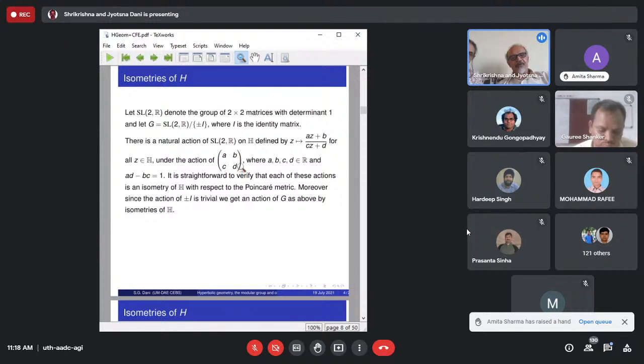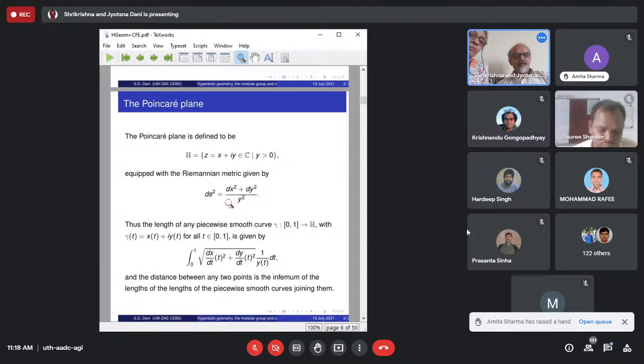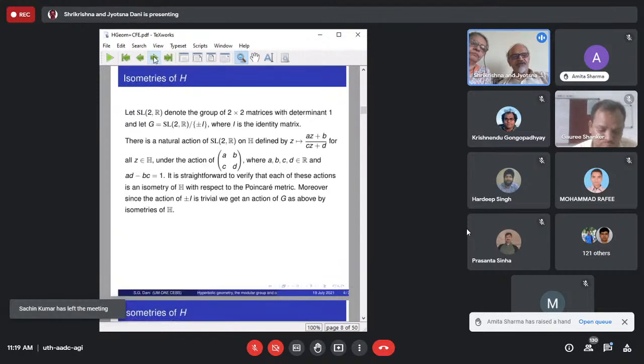Let's say take upper triangular matrices. Then notice that this transformation is simply Z going to Z plus B. Notice that your Riemannian metric will remain unchanged under the transformation X going to X plus B, because on both sides, when you divide by y, you are dividing by the same y, so the distortion is precisely matched.